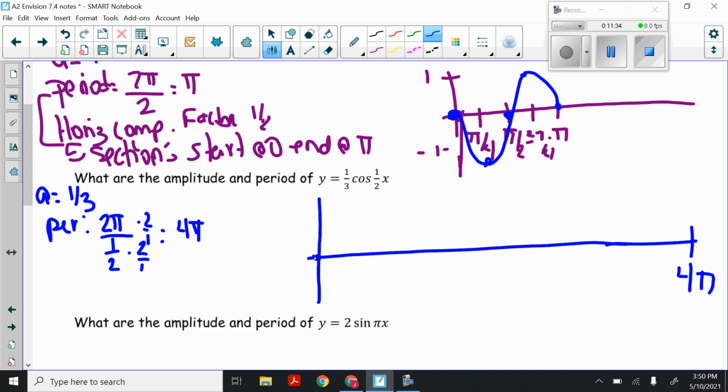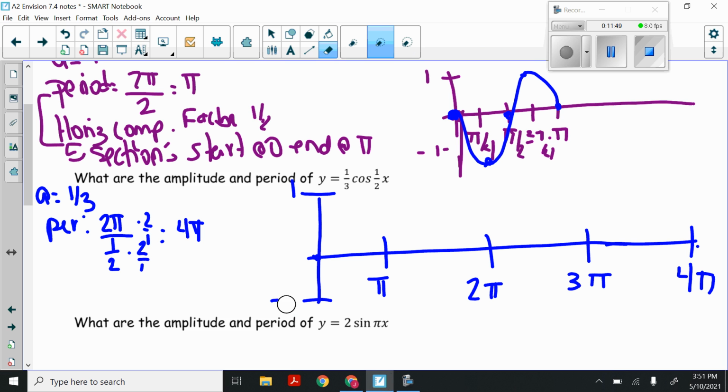So 1, 2, 3, 4, 5 sections. So all of these are just going to be pi. Here's pi, 2 pi, and 3 pi. If this is 1 and negative 1, then this would be 1/3 and negative 1/3. So I'm using my little shortcut for cosine.